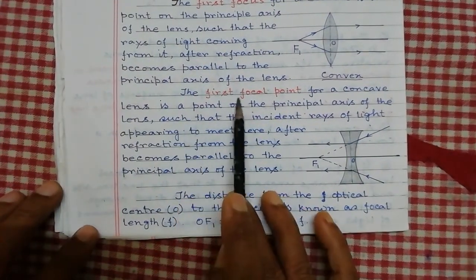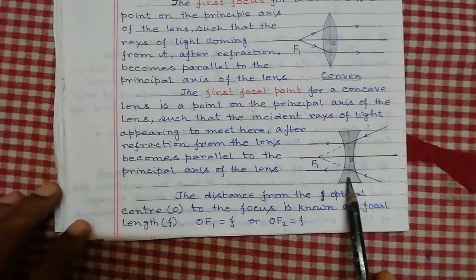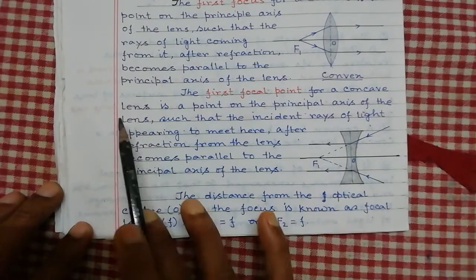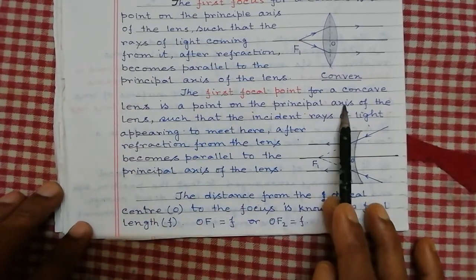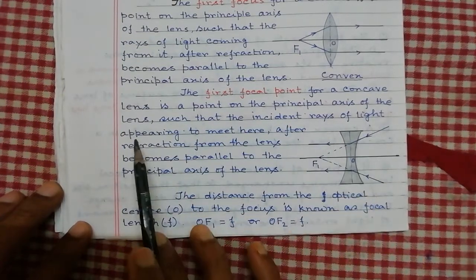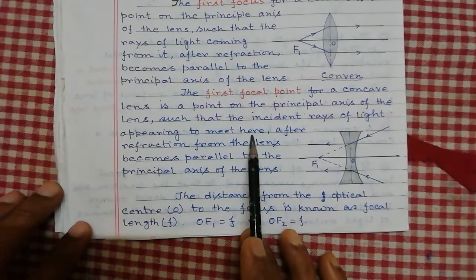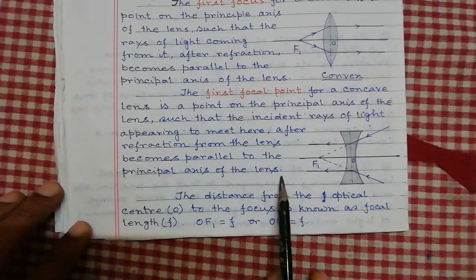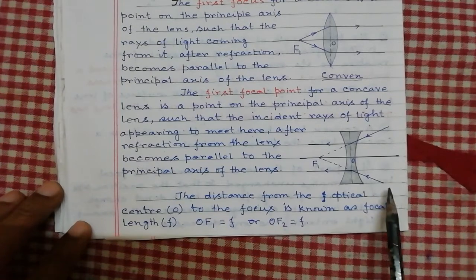Now the first focus for the concave lens. The first focus for the concave lens is a point on the principal axis of the lens such that the incident rays of light, appearing to meet there, after refraction from the lens become parallel to the principal axis. This is the incident ray.